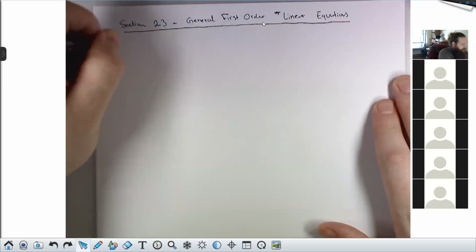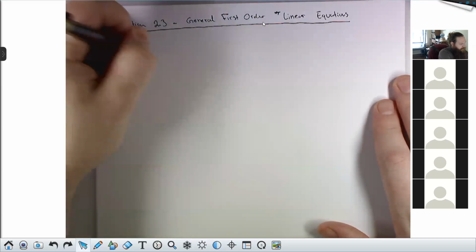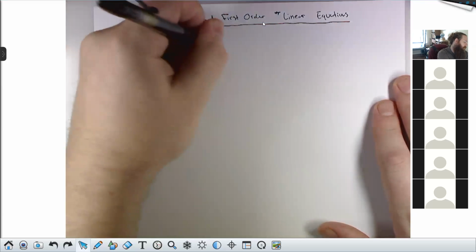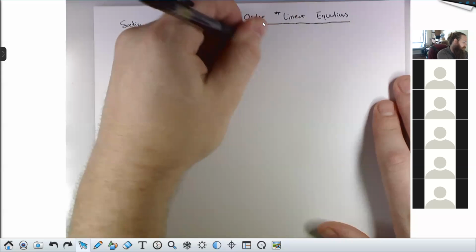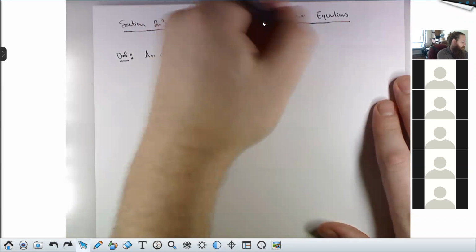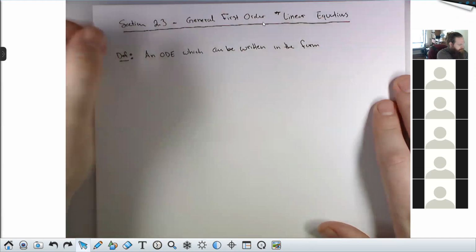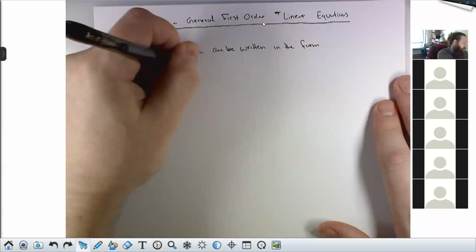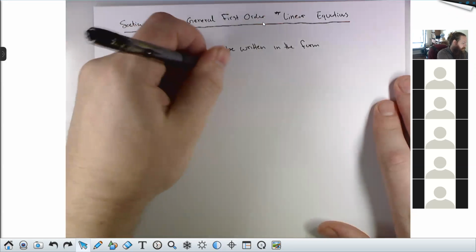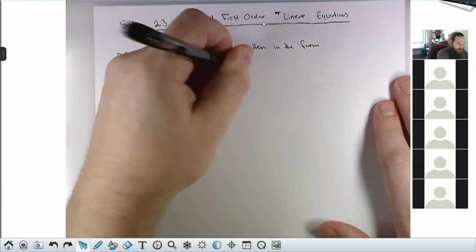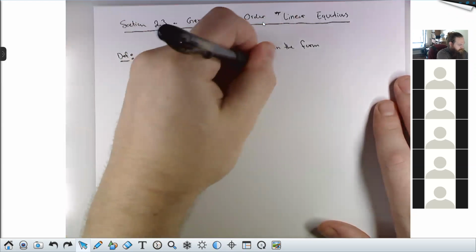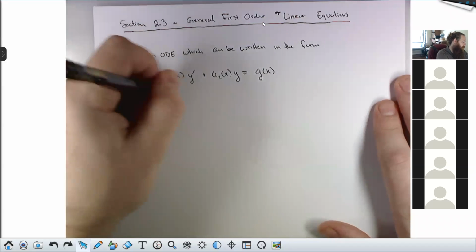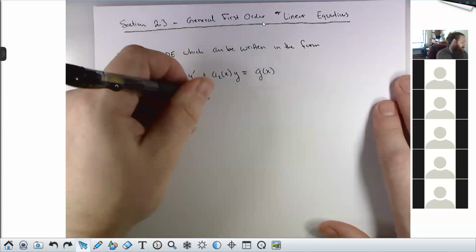So definition, an ODE which can be written in the form A1 of x times y prime plus A2 of x times y equals, we call it A3, or your book calls it g of x, is a linear first order ODE.